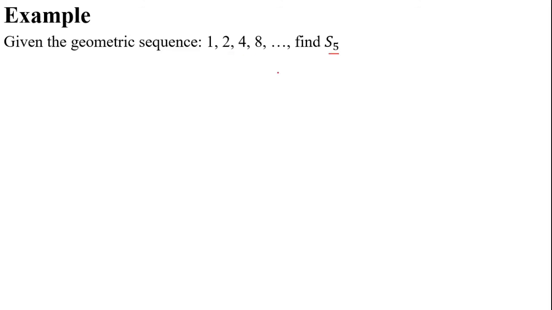Here it is. We have a formula for finding the sum of any geometric sequence with a common ratio different from 1. So S_n can be calculated as G1 times 1 minus r to the power of n, over 1 minus r.